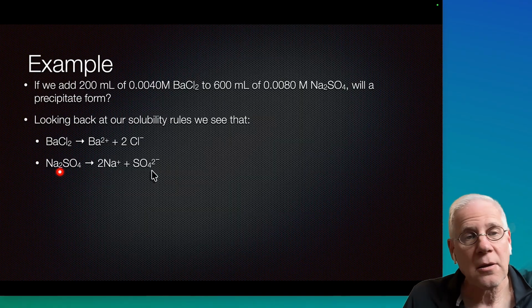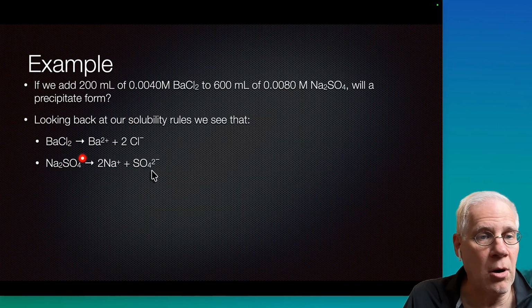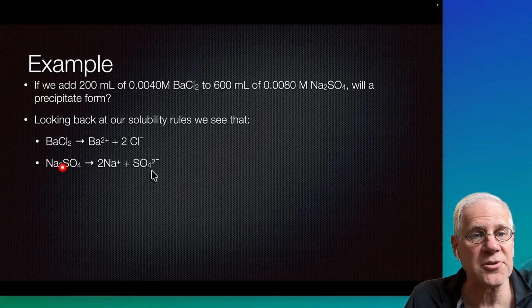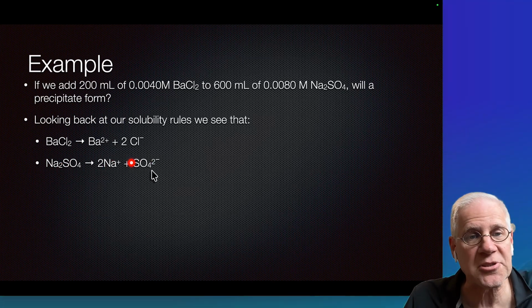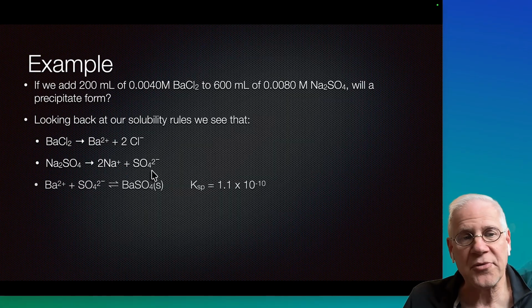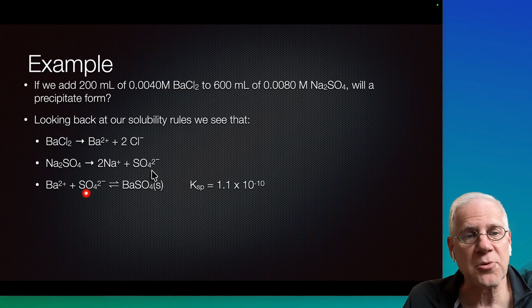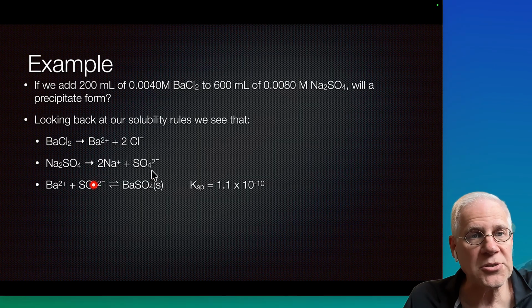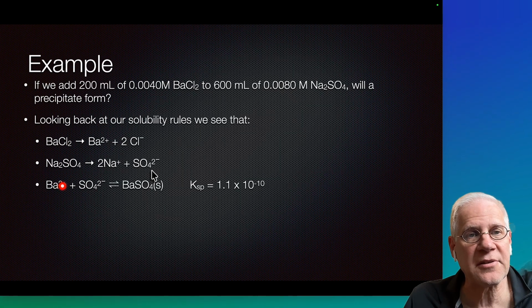Sodium sulfate: sodium is a group 1 metal. All salts of group 1 metals are soluble, so I know that sodium and sulfate are going to break apart and cannot form a precipitate. However, it is possible for barium and sulfate to come together. Most sulfates are soluble, however, barium is an exception to that rule, and so we do get a barium sulfate solid.